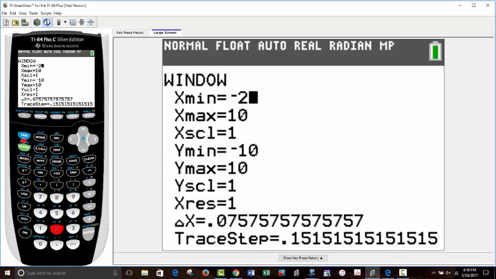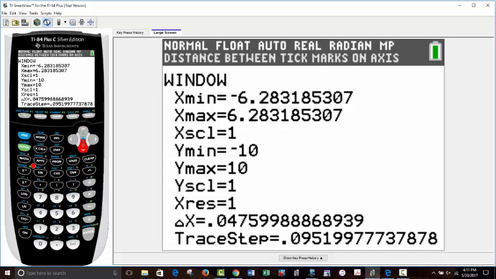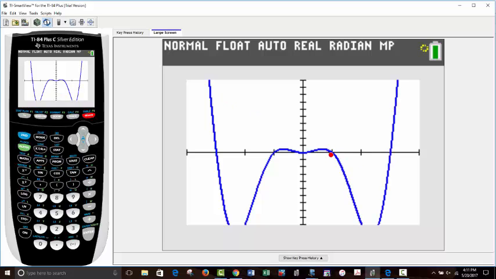I'll go from negative 2 pi to positive 2 pi, and we'll scale it by pi over 2, so every mark will be pi over 2, and then we can leave the y thing alone. We don't care about the y. Now let's see how it looks. Because I want that mark where you normally see that first tick mark, I want that to be the point of interest there. Yeah, there it is. See right here. So that's pi over 2, 0, where that first tick mark is.